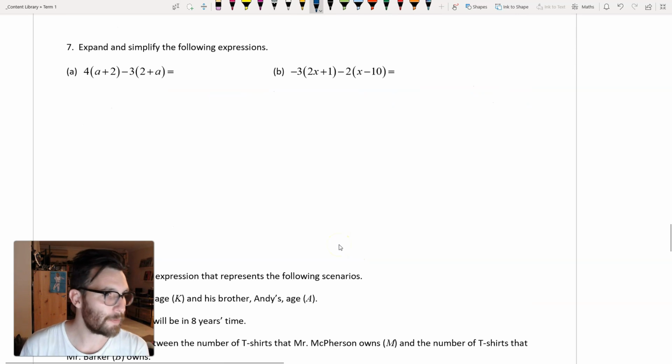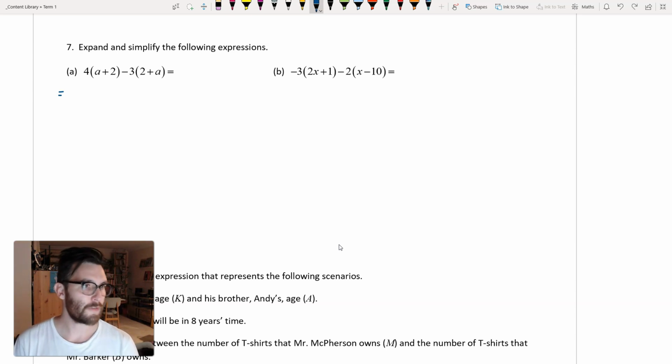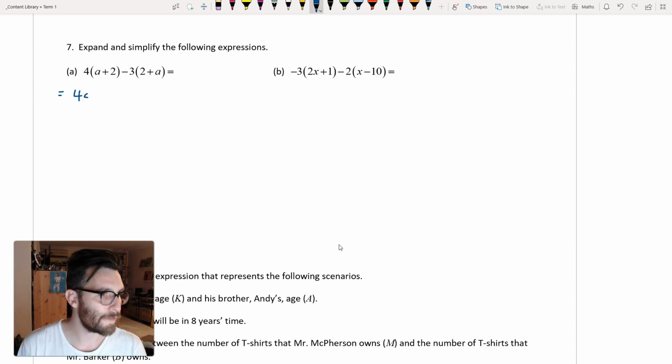Well done for sticking with me. Okay, for these ones where we expand and simplify, we want to start off by expanding them. So I'll go 4a plus 8, take 3 times 2, which is 6, take 3 times a, which is -3a. All right, 4a take 3a is a, and 8 take 6 is 2.